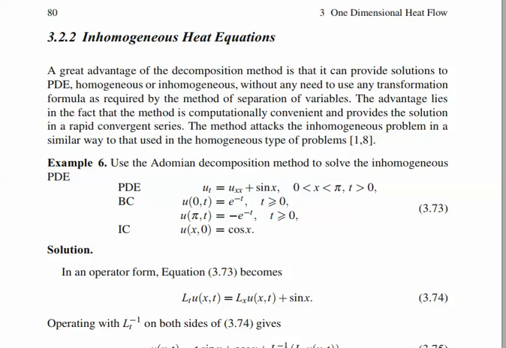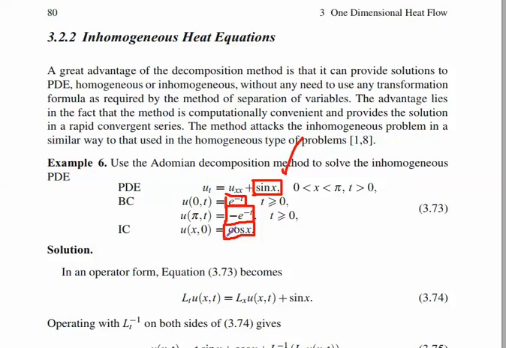Here we have a heat equation in which this function is an extra term. These boundary conditions are extra, a bit different from the previous examples which we already discussed in the previous lectures, and the initial condition is equal to the trigonometric function cos x.